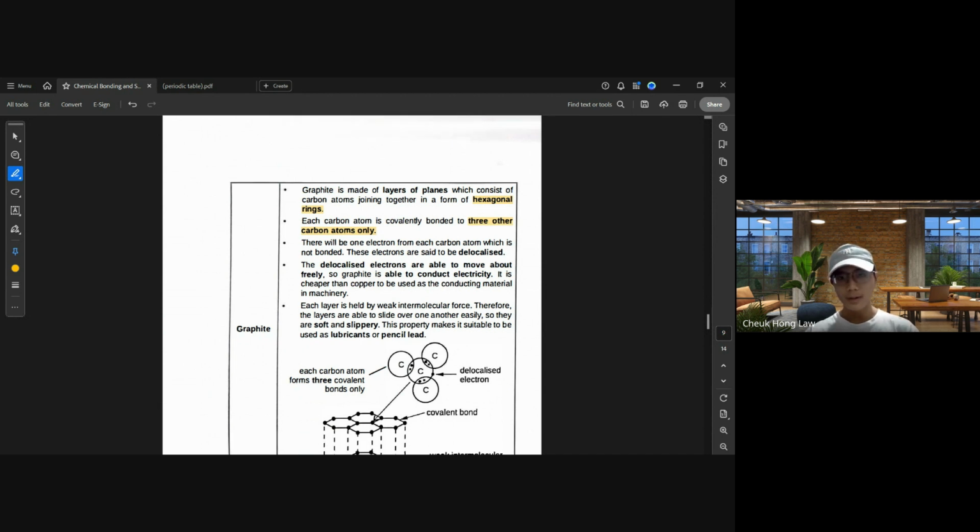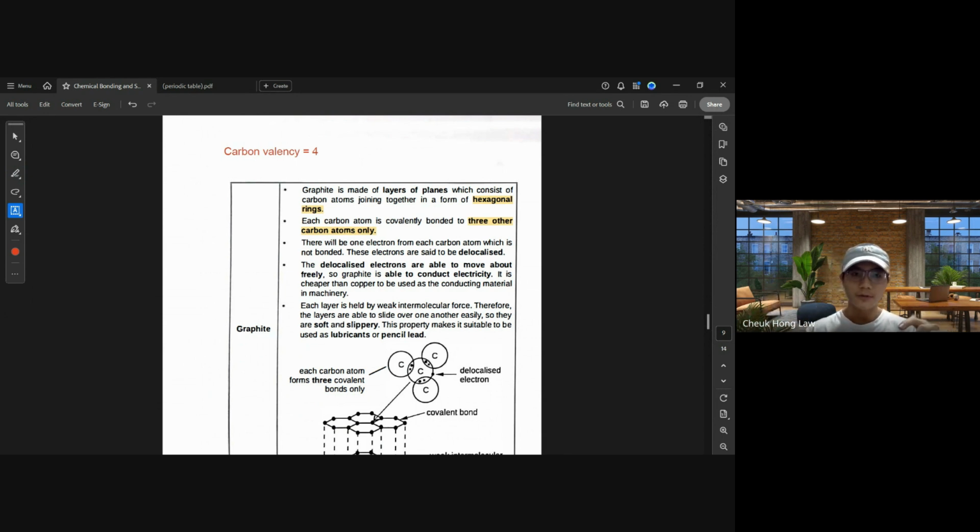And I mentioned that carbon has a valency of 4. So if it bonds to only 3, it still has space to bond one more, but it didn't. So there will be carbon atoms which are not bonded. And for every carbon atom not bonded, there's 1 electron.